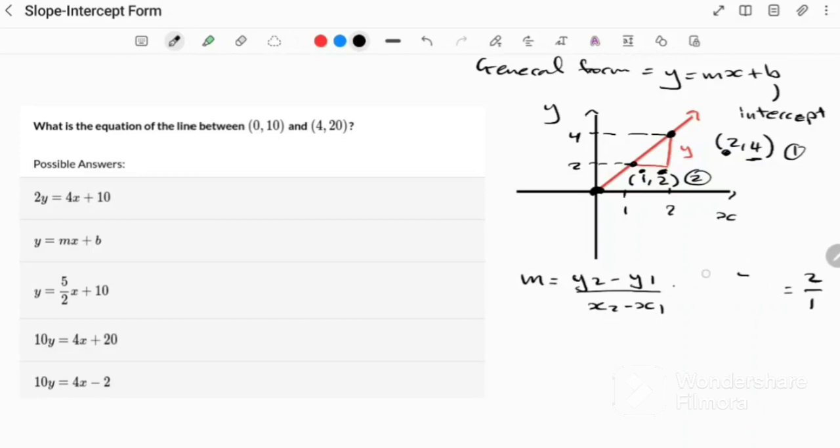M can also be negative. A negative m means that your line is going downwards instead of upwards. For every unit you move of x, you move down on the y-axis. So it's a negative.